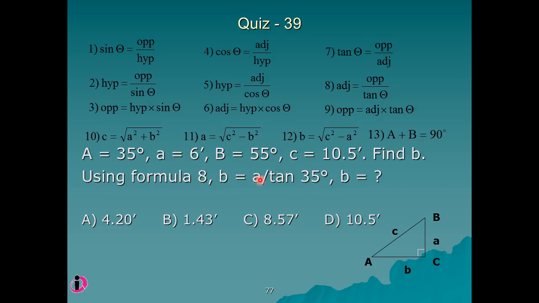Any formula, as long as you are doing the math, you can find the answer. What is the answer? Okay, so my right answer for small b is 8.57, which is my option number C, right?